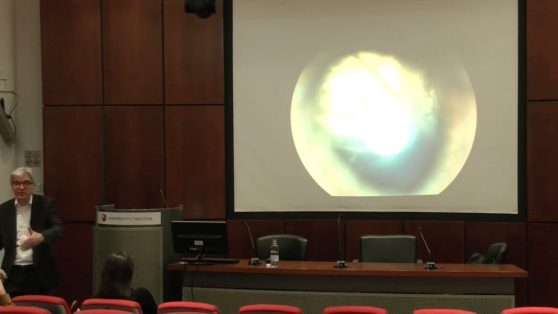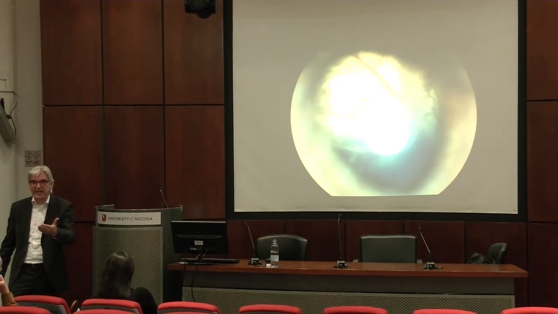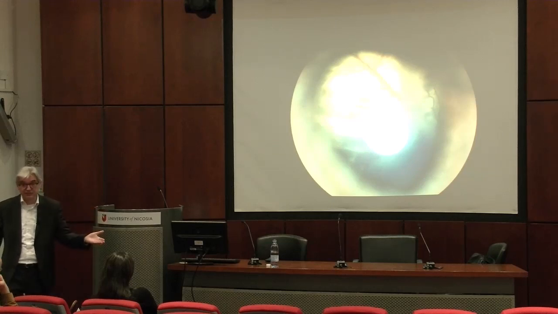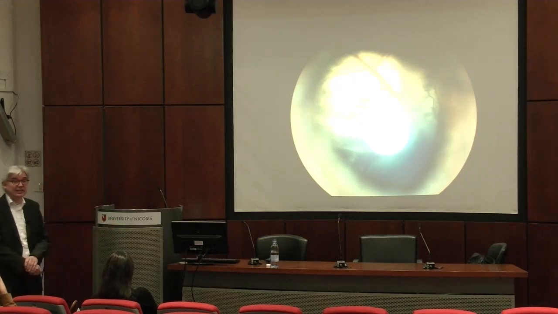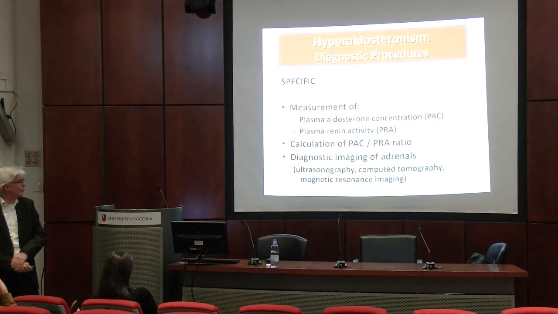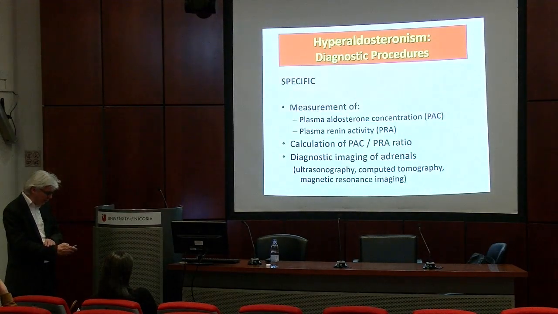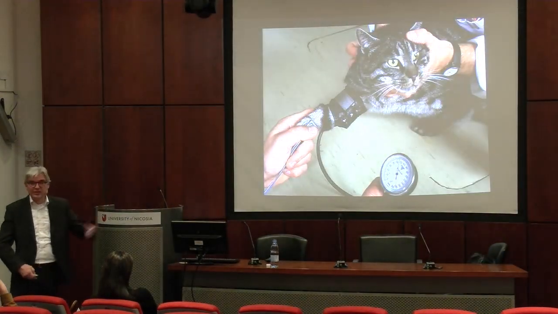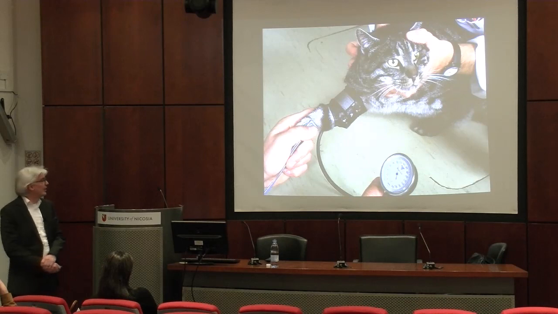Or the other way around, if you do your ophthalmological examination and you see abnormalities, then you have to check the blood pressure. And if the blood pressure is elevated, think about the possibility that we are dealing with primary hyperaldosteronism. So it's important to measure the blood pressure, and you can of course do that best by using the guidelines from the ACVIM for this.